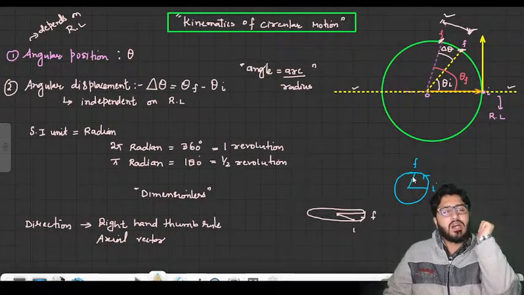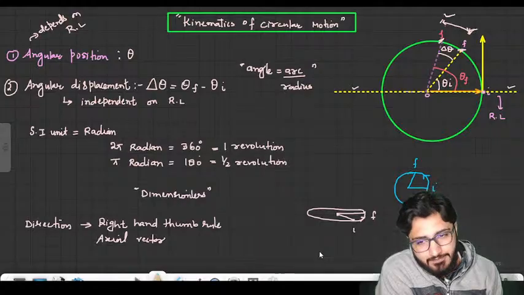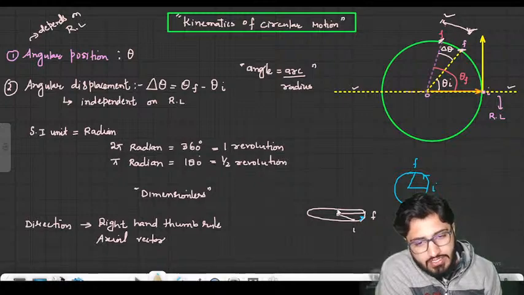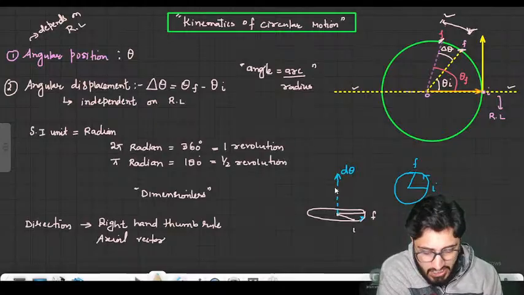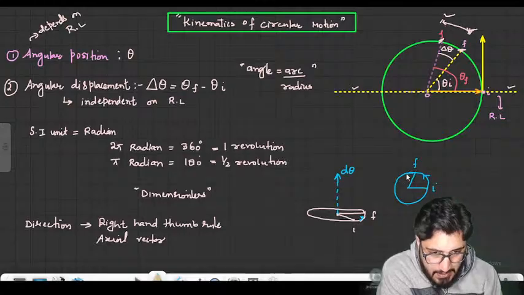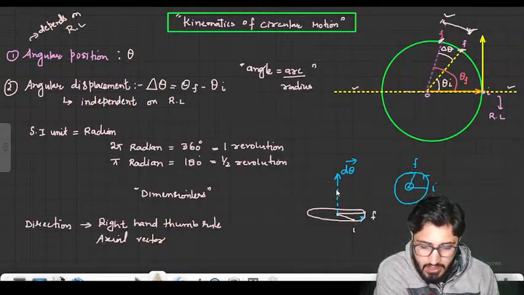So the thumb will give the direction of your angular displacement, del theta, along this line, or here outwards. Clear?